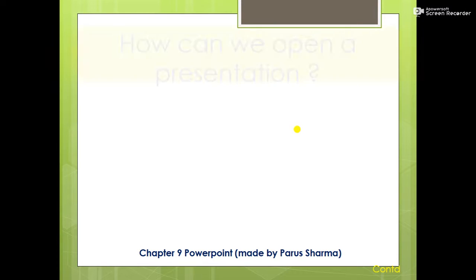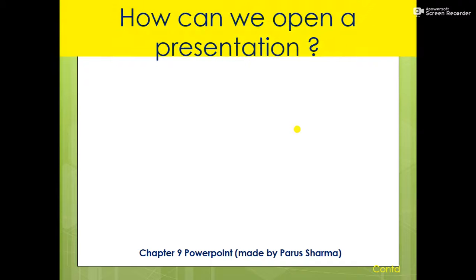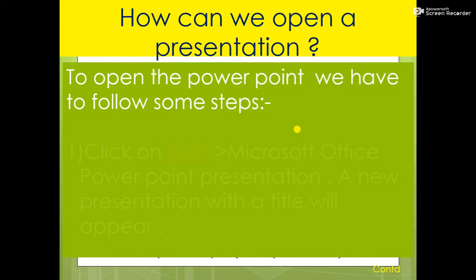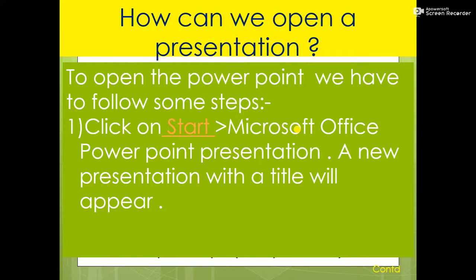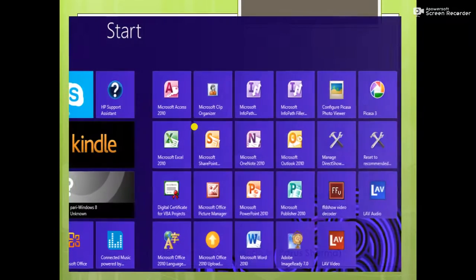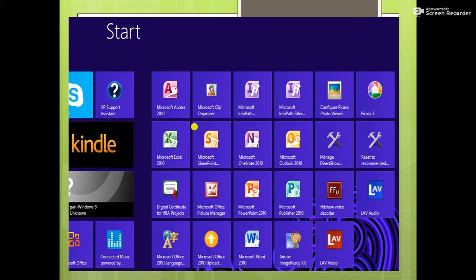Then, how can we open a presentation software to work on it? First of all, we have to follow some steps, like we have to click on a start button on a Microsoft Office PowerPoint presentation. The start button lies at the bottom corner of your desktop.